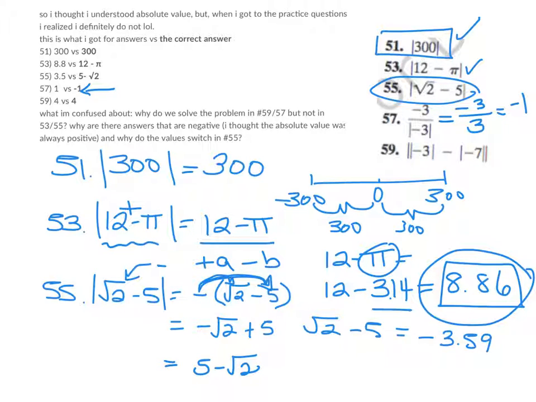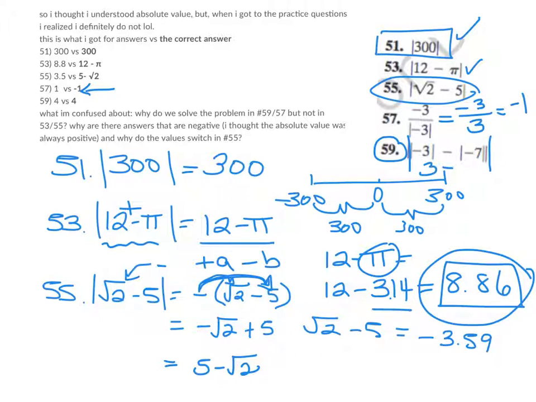And then lastly, 59, you're going to have the absolute value of the absolute value of negative 3 subtract the absolute value of negative 7. So you want to do the innermost absolute value bars first. So the absolute value of negative 3 becomes positive 3.